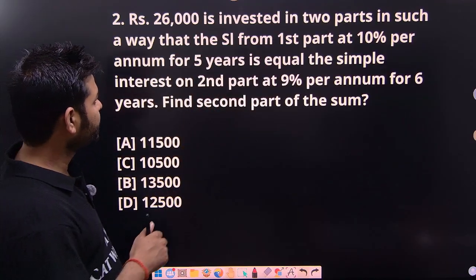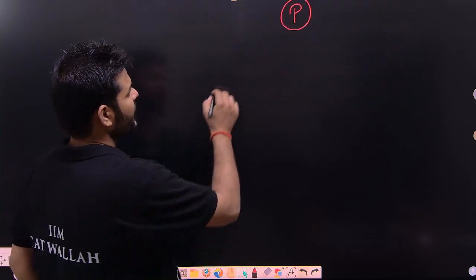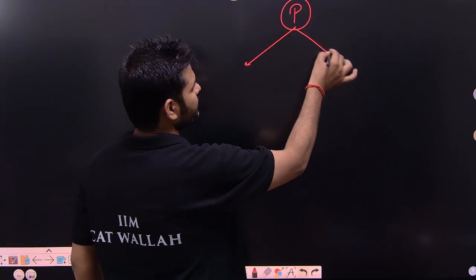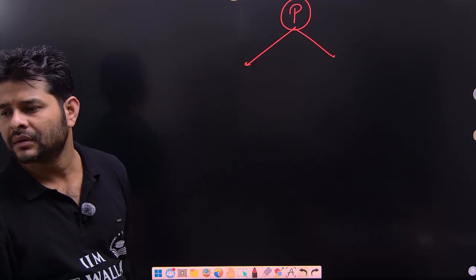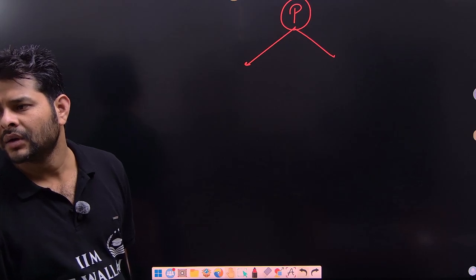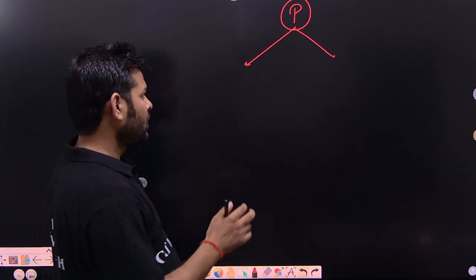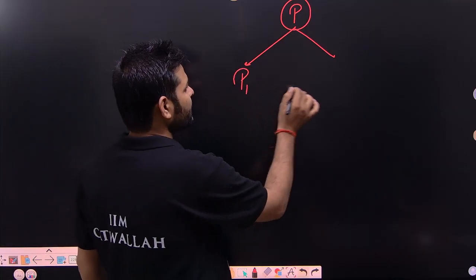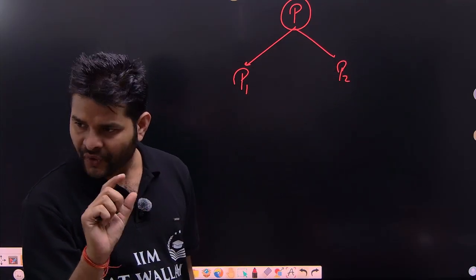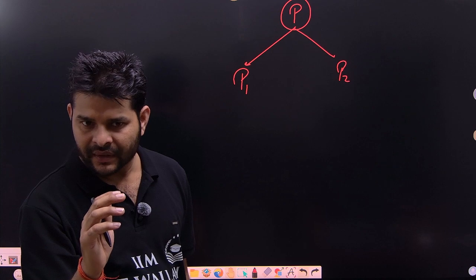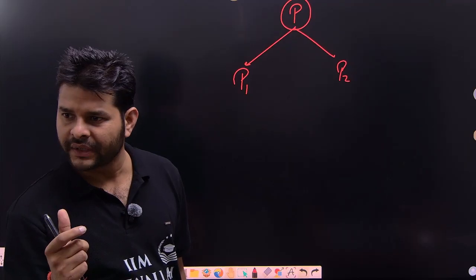So basically, SI1 and SI2 are equal. Suppose the first part is P1 and the second part is P2, and from both parts, whatever simple interest he gets is the same. Got it?